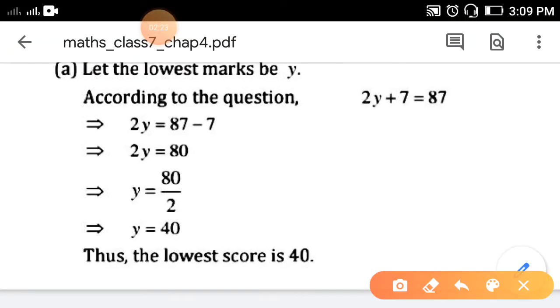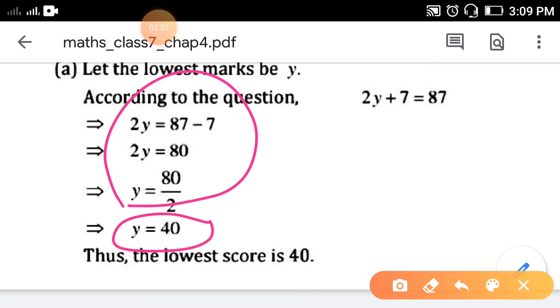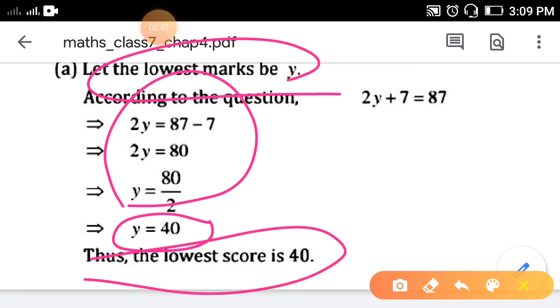So how to solve the equation, that I have already taught you. It is very easy. So that you have to try yourself, and for this example also it's very easy. Very basic equation is there. So value of y you will get 40, and y that we have considered as the lowest marks. So lowest score is 40.